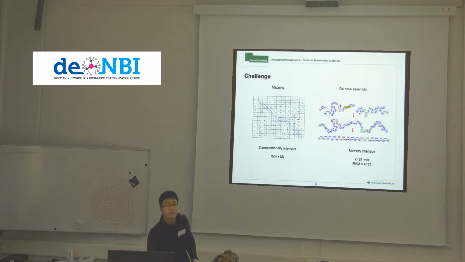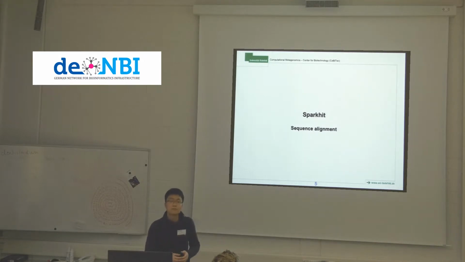Of course, there are some new methods that try to compress the de Bruijn graph, but still, it's a trade-off between speed and memory. So my use case is to utilize the powerful de.NBI cloud or any cloud resources to speed up the sequence mapping process and the de novo genome assembly process.